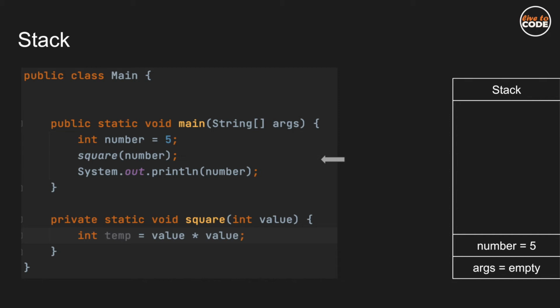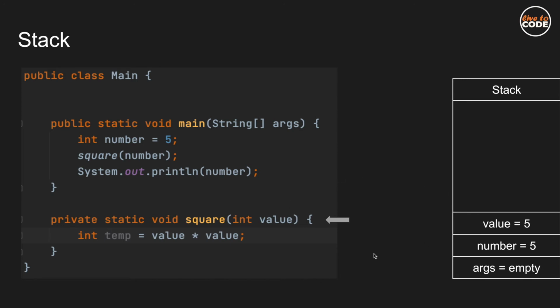When we call the square function, the control goes directly to the square function definition, where we have the value variable. Value will hold a copy of the number variable, and it will be pushed into the stack.